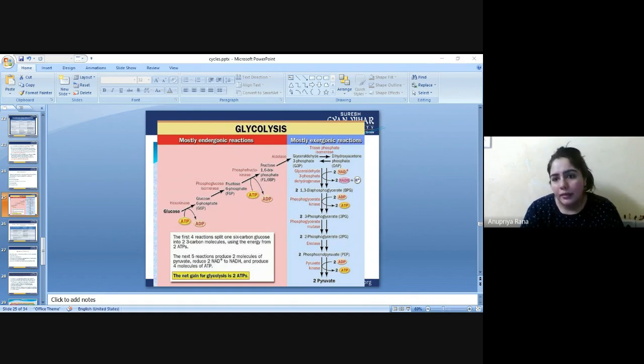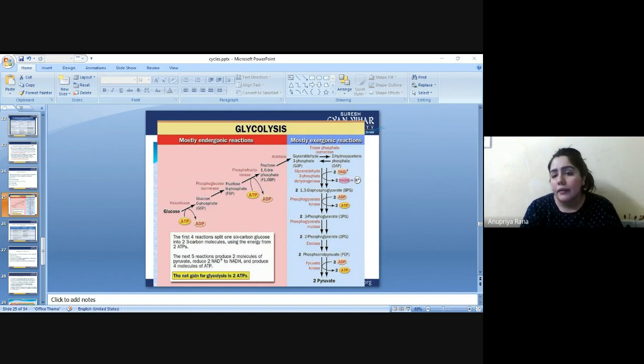It can be converted to dihydroxyacetone phosphate, DHAP, or G3P. Both can be performed by triose phosphate isomerase, but it is reversible. After this, the enzyme glyceraldehyde 3-phosphate dehydrogenase helps convert them into 1,3-bisphosphoglycerate, BPG.